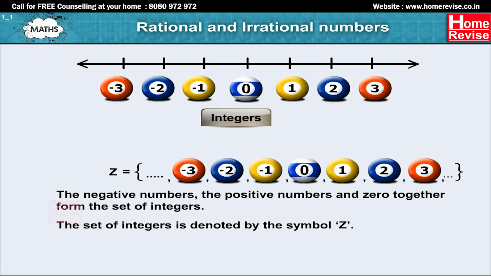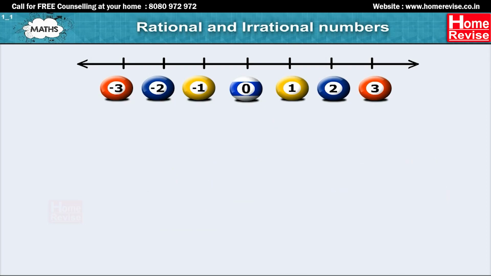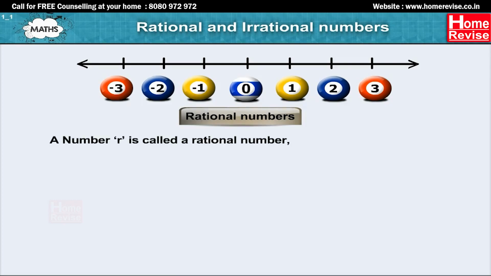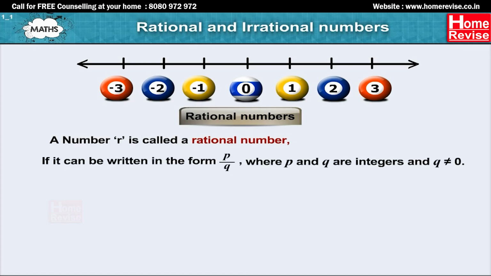Now let us see what are rational numbers. A number r is called a rational number if it can be written in the form p upon q, where p and q are integers and q is not equal to 0.